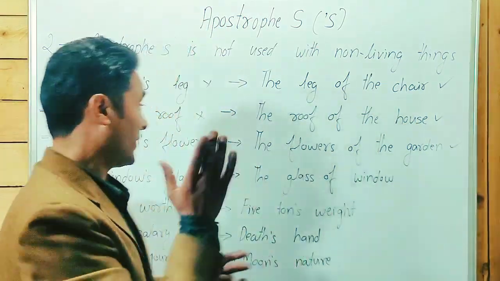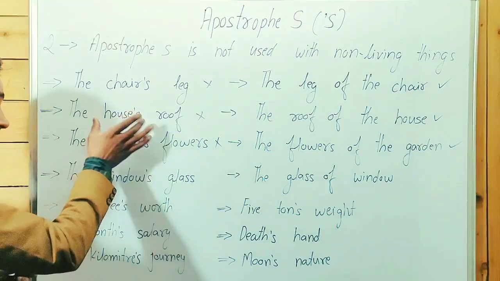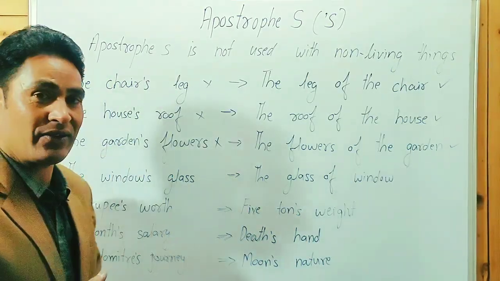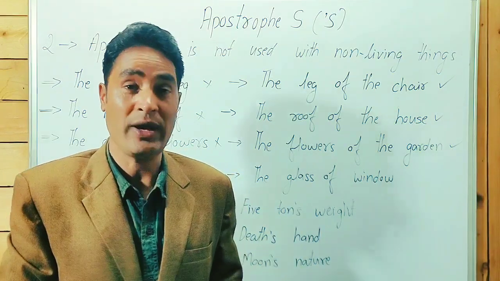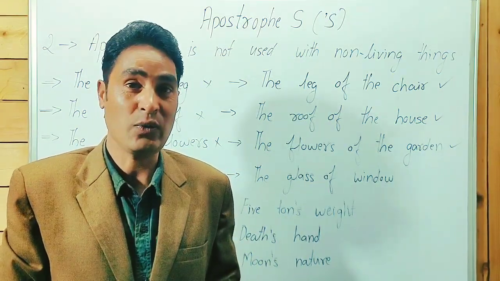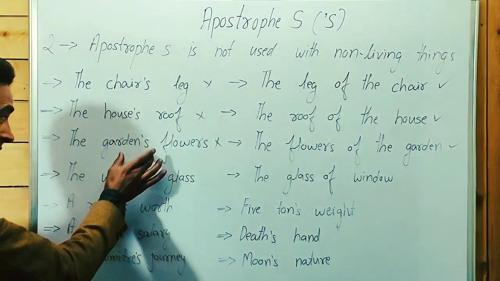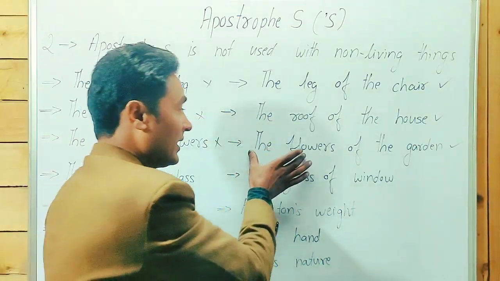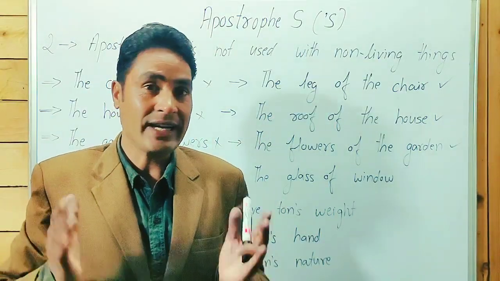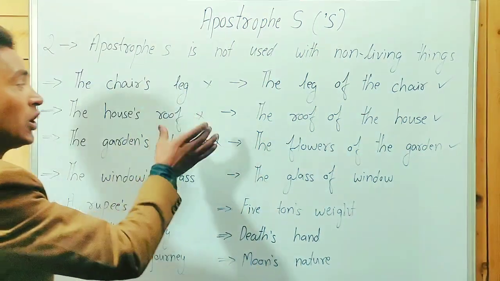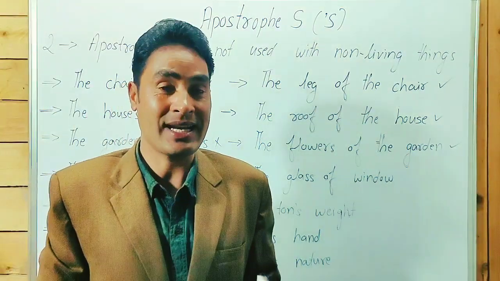If you have heard about house's roof, chair's leg, garden's flowers, etc., anywhere, Facebook, Insta, anywhere, guys, you can use it in informal English. When we talk about the examination point of view, competitive English, we can't use apostrophe s with non-living things, in 99% of cases.